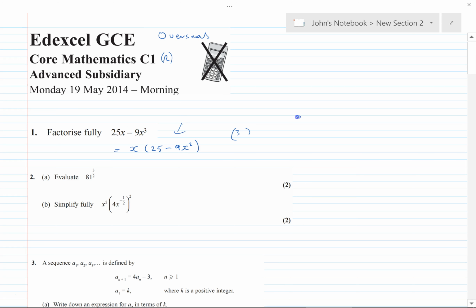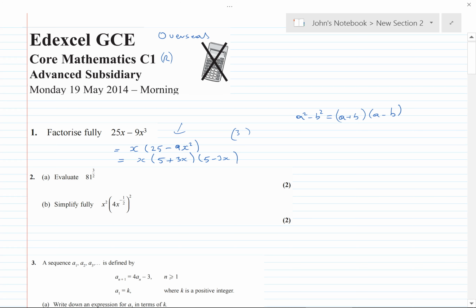Here we've got a difference of 2 squares. Remember, a squared minus b squared can always be written as a plus b, a minus b. So that's equal to x, 5 plus 3x, and 5 minus 3x. There you go, that's that one done.